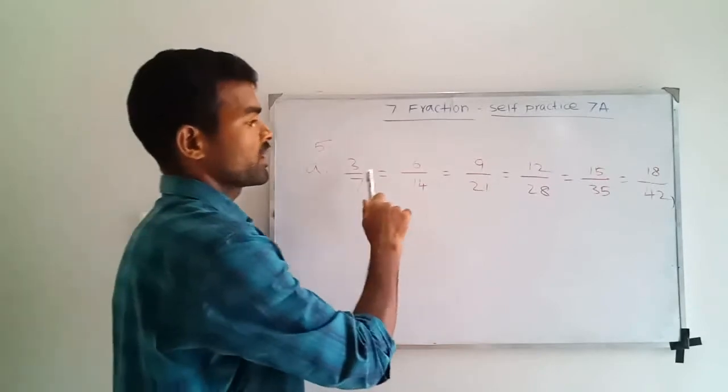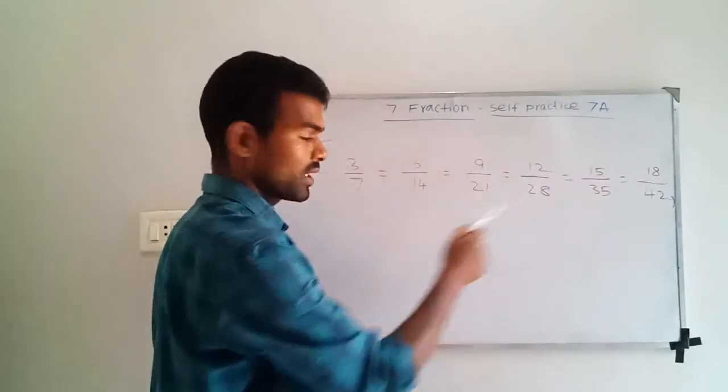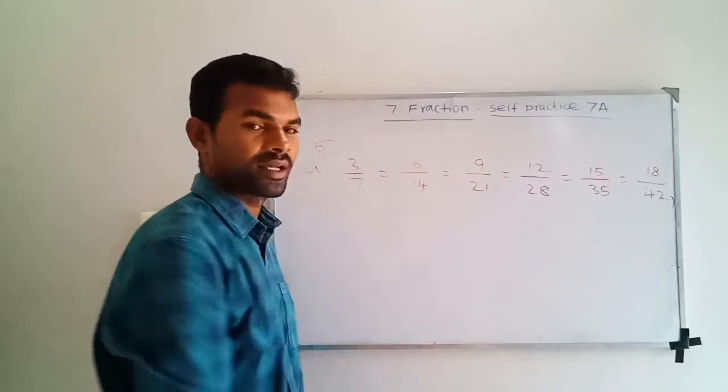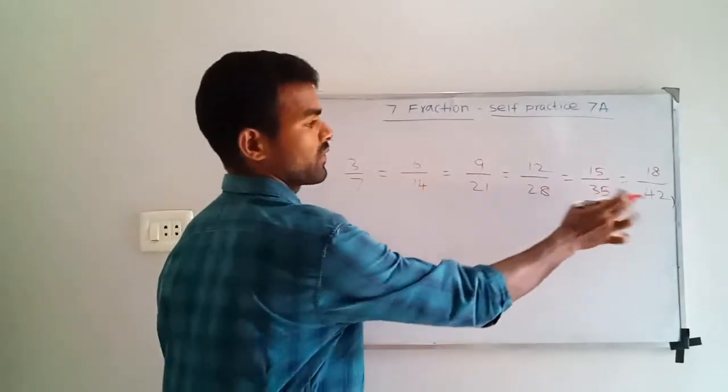Just see, upside you are writing the 3 table and downside you are writing the 7 table. Just 5 times: 1, 2, 3, 4, 5.